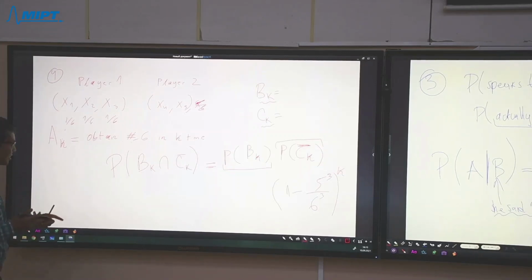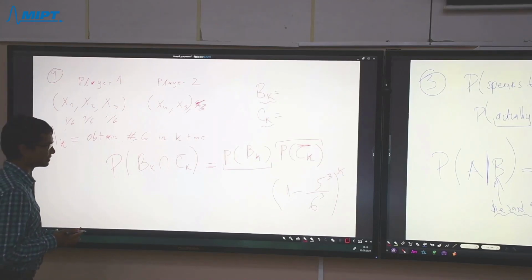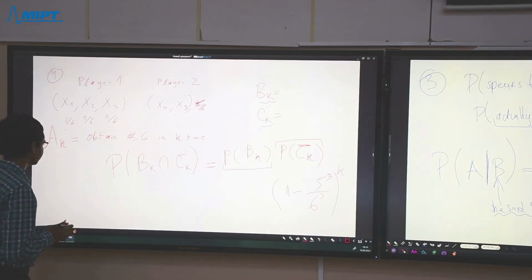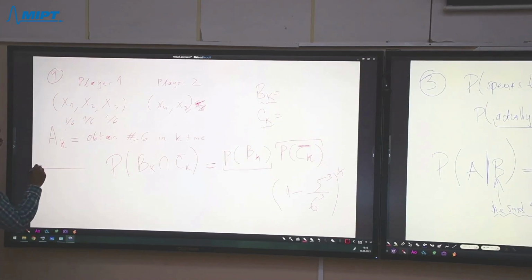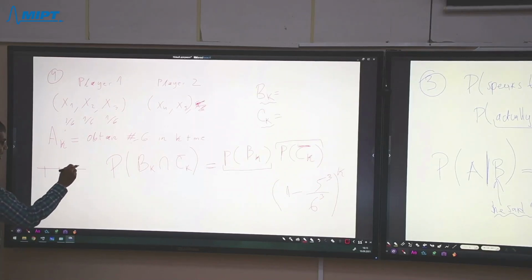Not sure if I understand that question correctly. As I understand, it happens like this, right? At each time we roll 5 dice. Okay, then if we roll it k times, in these k minus 1 cases we never get a 6.